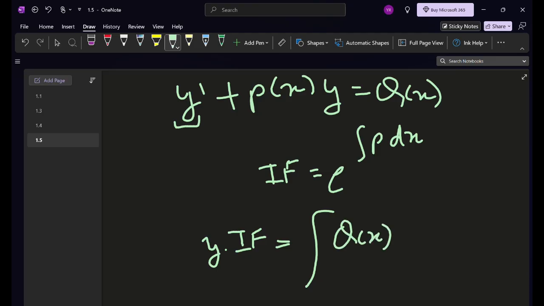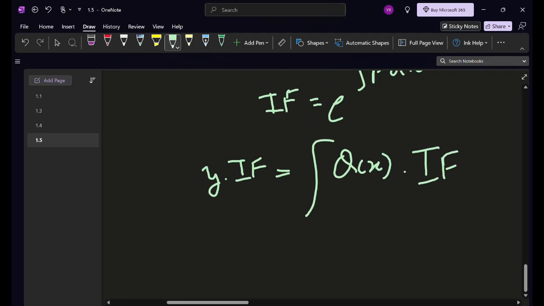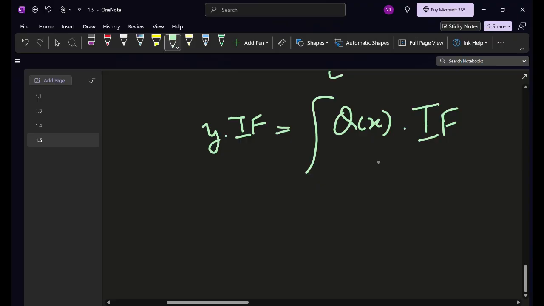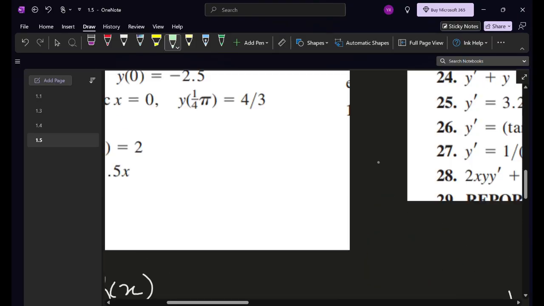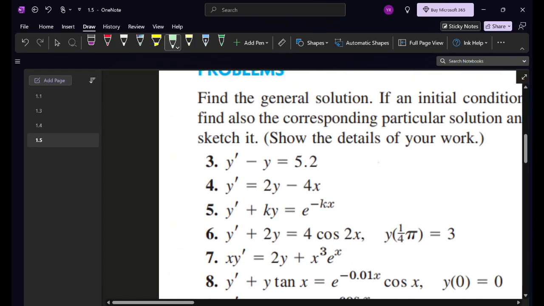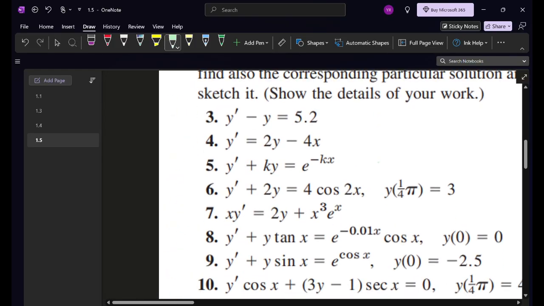The q term could be any function of x, or it could be a constant. It is good either way. And this is how we obtain our answer. So let's just see question number, we are going to start with question number 3.